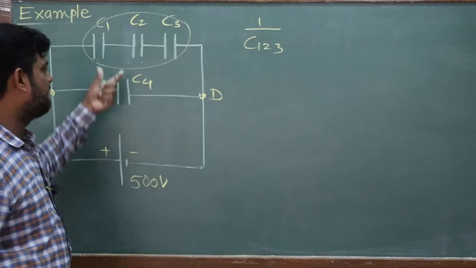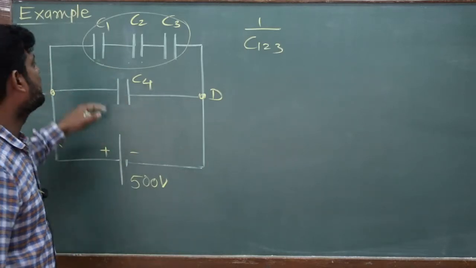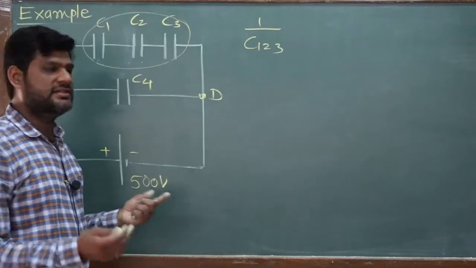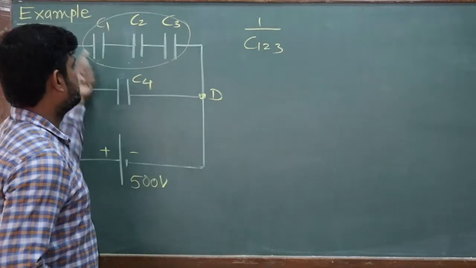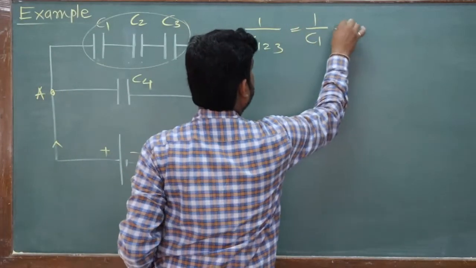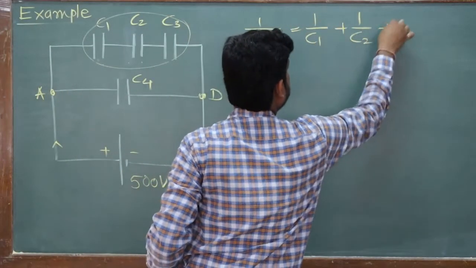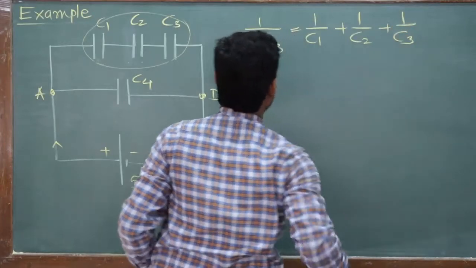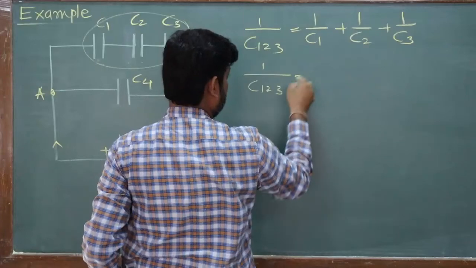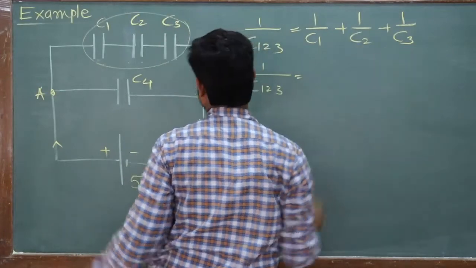So you can simplify the diagram in this way. So C1, C2, C3 are the 3 capacitors connected in series. So equivalent capacitance of these 3 capacitors will be like this: 1 by C1 plus 1 by C2 plus 1 by C3.